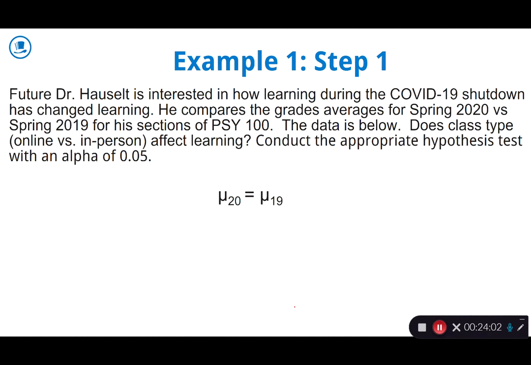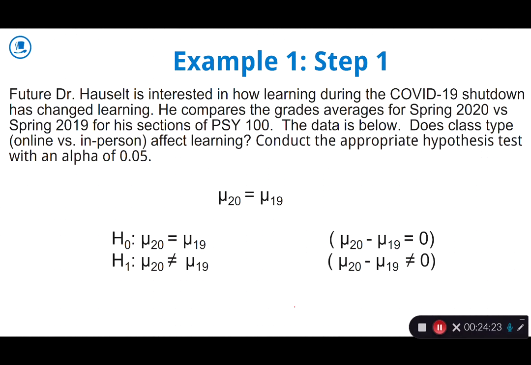It assumes no difference between the two populations. So my null hypothesis is mu20 equals mu19. And remember, if I subtract one from the other, that gives me 0, a real number that I can use to determine whether there is a difference or not.